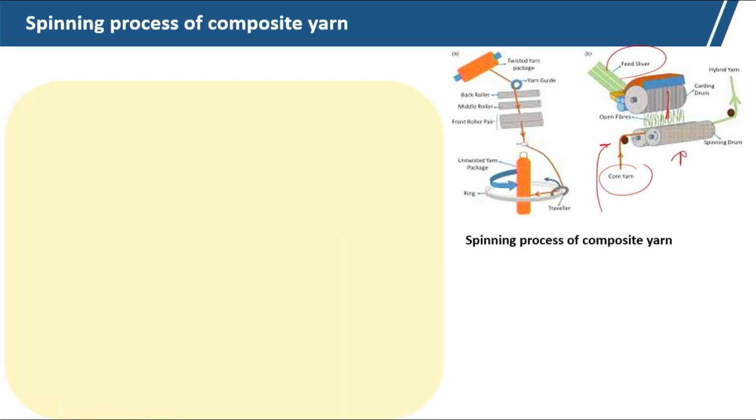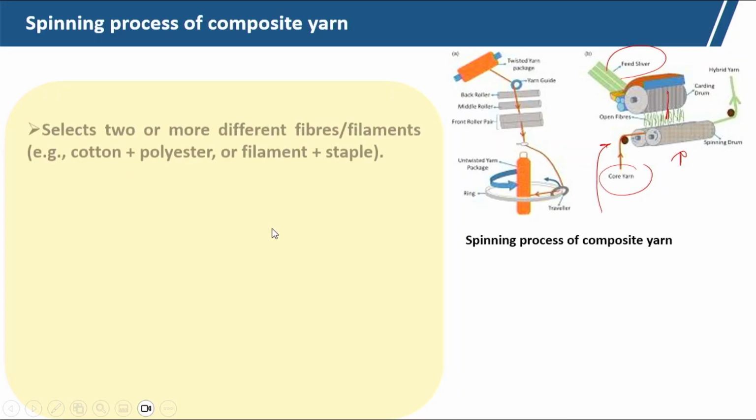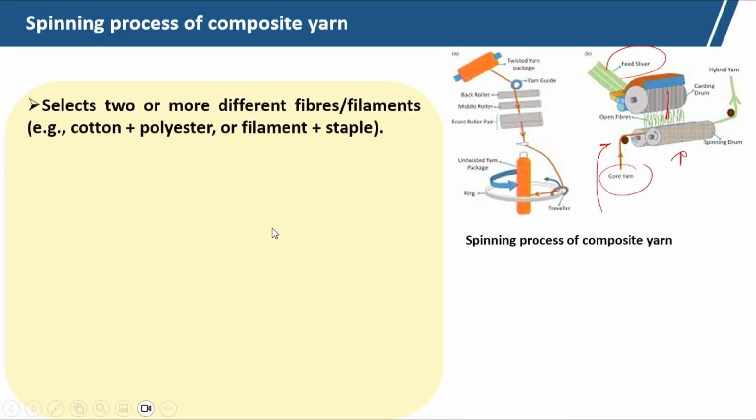Even coarse spun yarn we can make, in ring spinning also we can produce. It selects two or more different fibers or filaments, such as cotton, polyester, filament, staple. So, different types of combinations we can make.